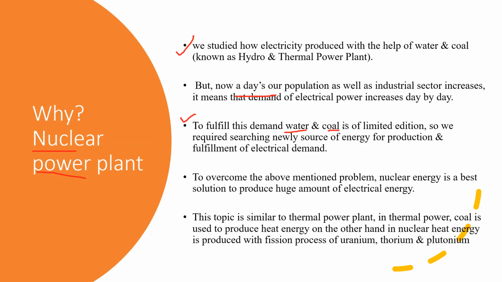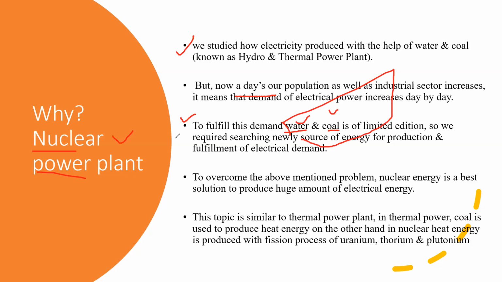If we use them for a longer time, the amount of coal gets reduced day by day, and that is very dangerous for the country. So it is very important to find an option for these two sources, water and coal. I think the nuclear power plant is the best option to overcome the use of water and coal.